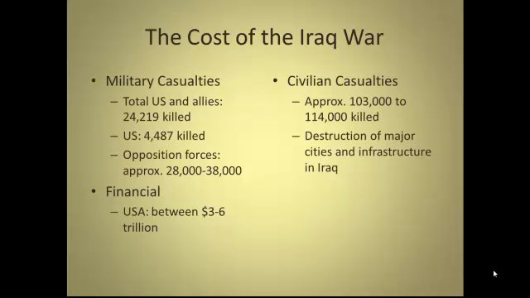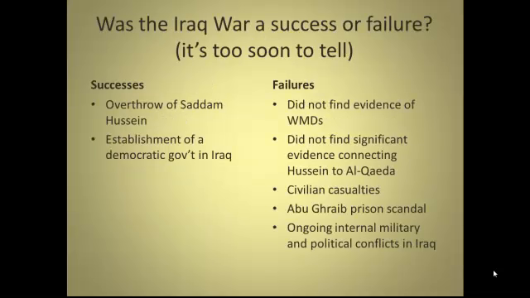This war cost the United States between $3 and $6 trillion. The exact figures have not yet been calculated. But if we look at the civilian casualties, approximately 103,000 to 114,000 civilians were killed in this war. And almost all the major cities and infrastructure, that's roads and electricity, were destroyed during this war as well.